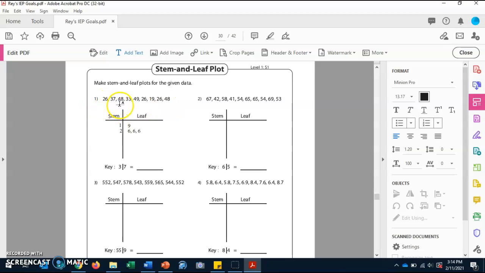How about 3s? Do we have numbers that start with a 3? Yes, good job. We have a 37 and a 33. What comes first? Yes, the 33. So we're going to put the 3 on the stem.